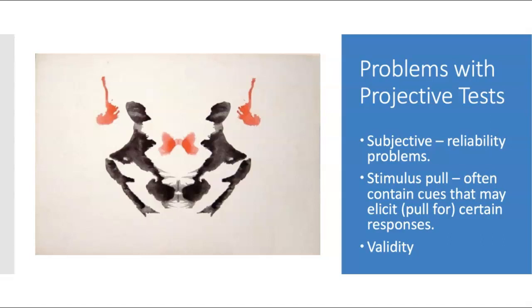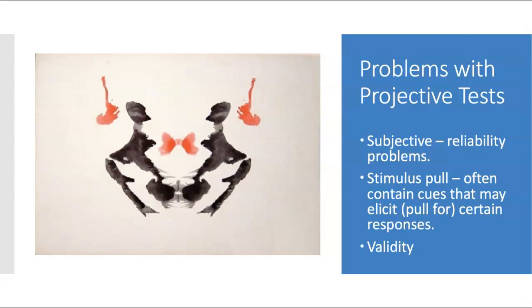The other big problem is something called stimulus pull. So the idea with designing projective tests or designing stimuli for projective tests is that they're meant to be ambiguous. They shouldn't really look like anything in particular.